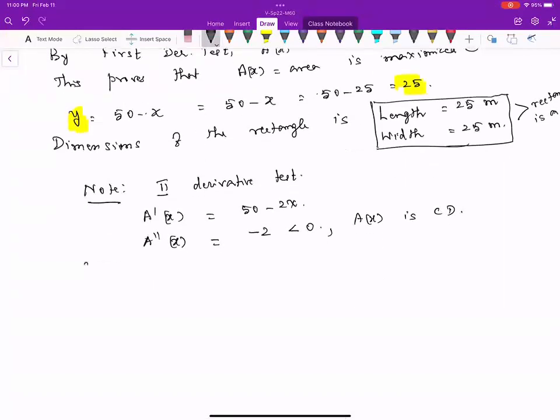So we found that the critical number is x equal to 25, and at the critical number, the second derivative is negative.